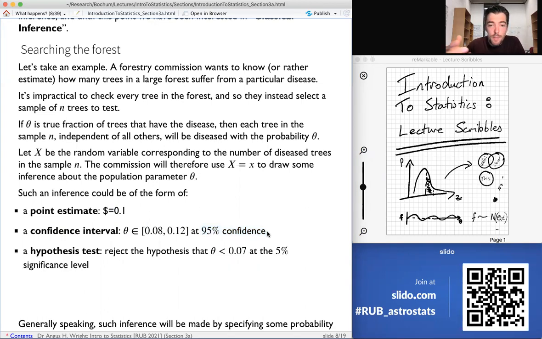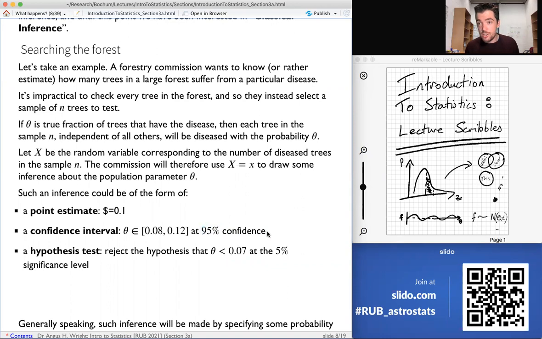We could look at a hypothesis test, which is to say that we have two hypotheses. One is that the true value of theta is less than 7%, and we might reject that hypothesis at some significance level, which would be an important thing to know, right?